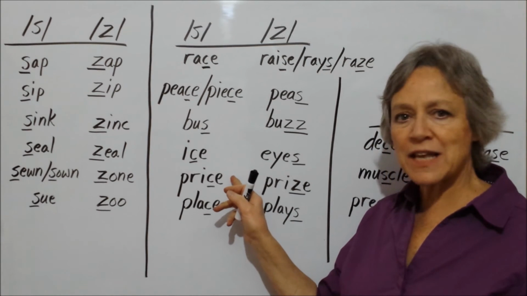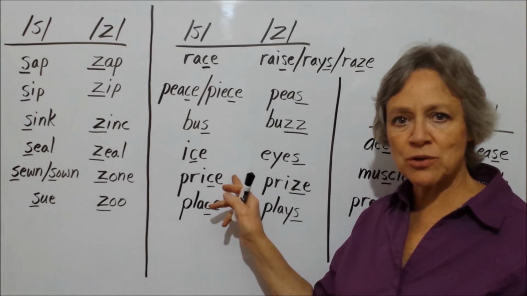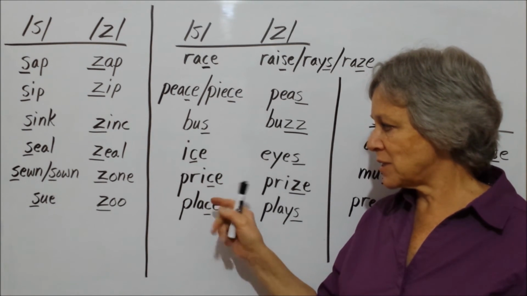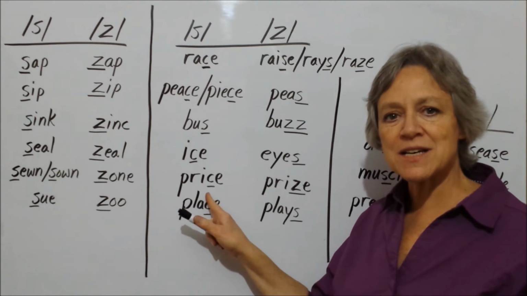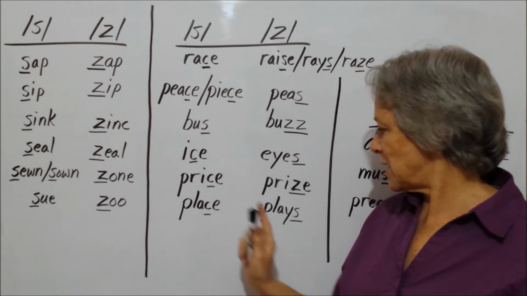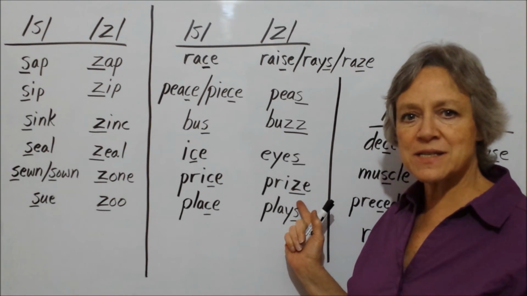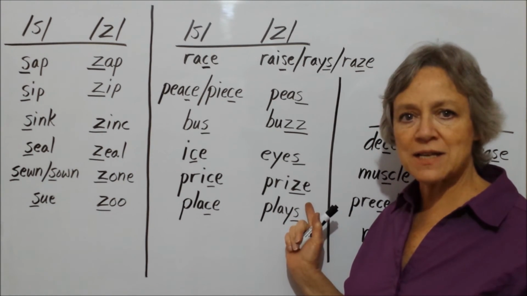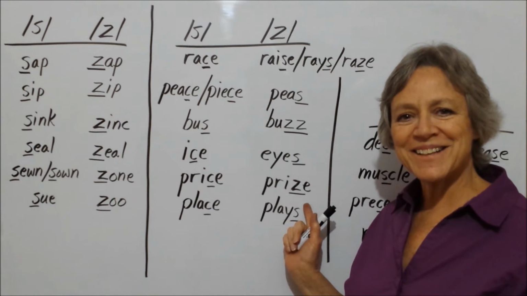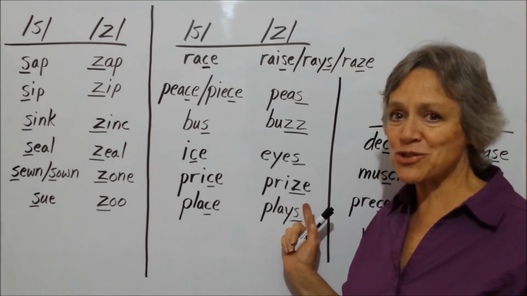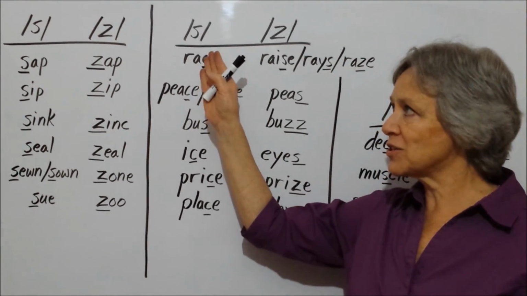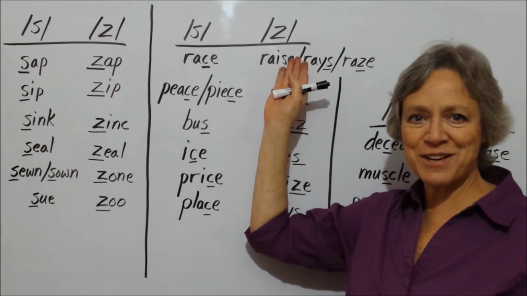When I have the letter E at the end of a word, it is not pronounced, so the last sound is the letter before it, the S sound in this case, and over here it is the Z sound. The letter E is not pronounced. Please practice saying these words with me. Be sure to distinguish between S and Z.